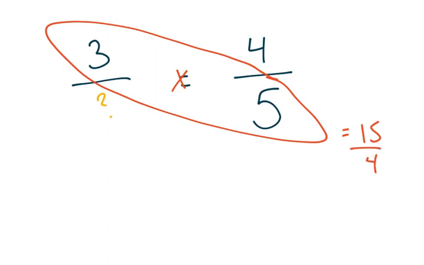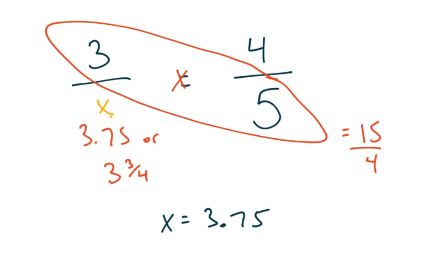15 divided by 4 is 3.75 or 3 3/4. So you can just pick a way to write it either as a decimal or a fraction. You're going to want to fill it into that spot. Or if this was a variable, like let's say it's x, that just means a letter that stands in for a number, an unknown number. So you would write x equals 3.75 or x equals 3 3/4.